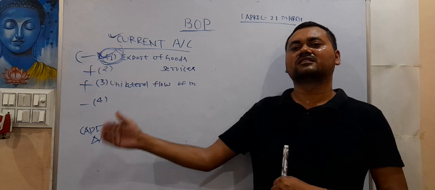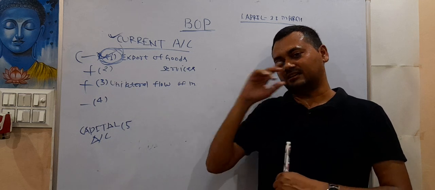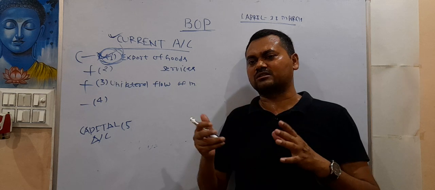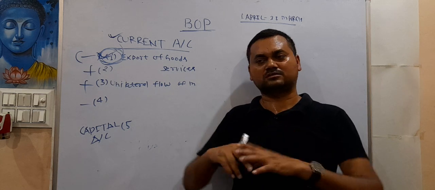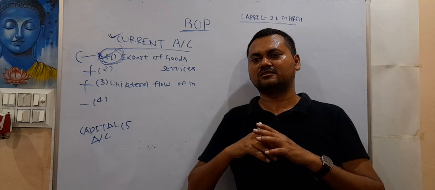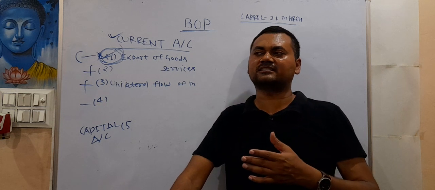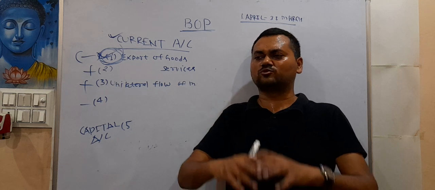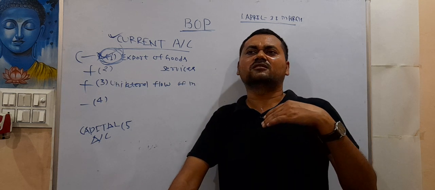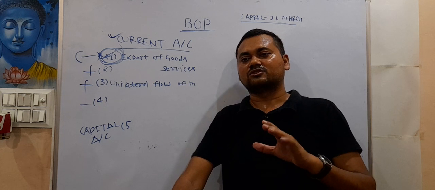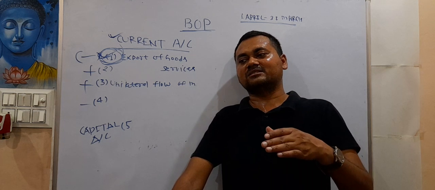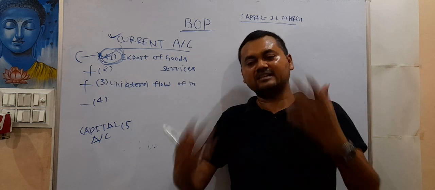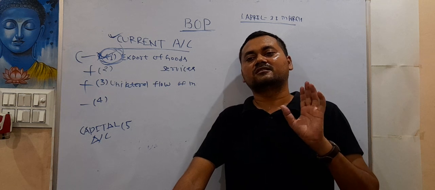For airlines, there are so many airlines in India, so the Reserve Bank has decided that all the airlines can collectively get, let's assume, 1000 crore. If 500 crore has already been taken by somebody, then the remaining 500 can be taken.